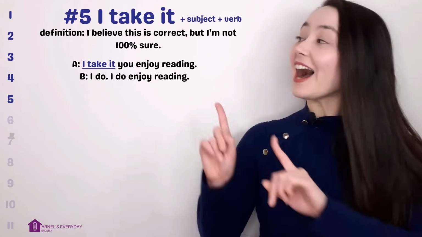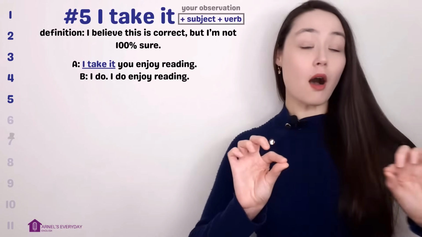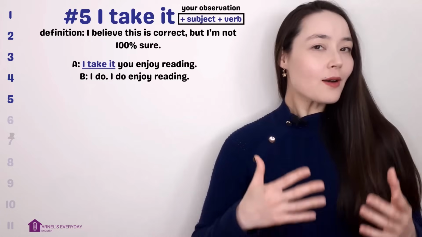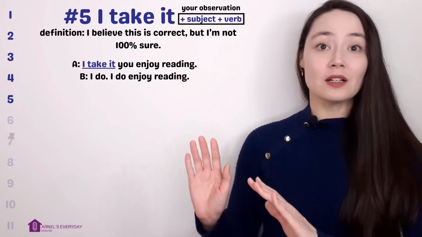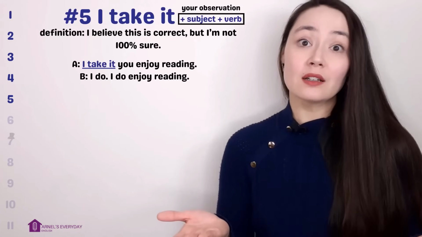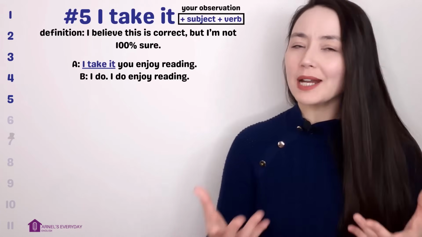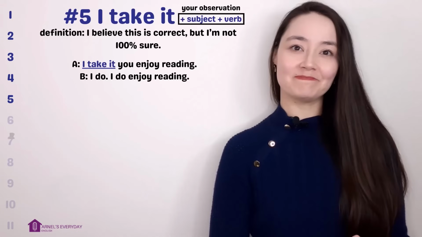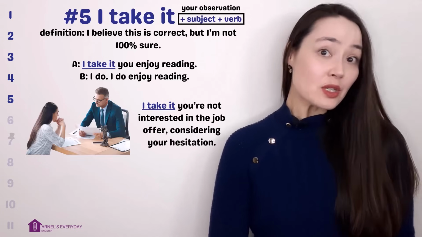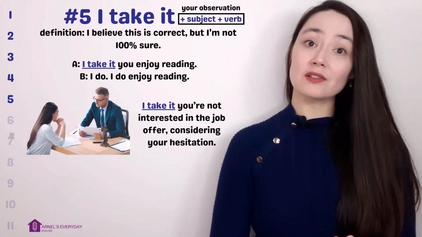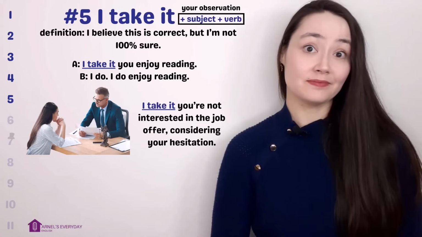We use I take it plus our observation, but we're not really 100% sure. So in this example, I take it you enjoy reading? This is what I think, but I don't really know. I take it you're not interested in the job offer, considering your hesitation?